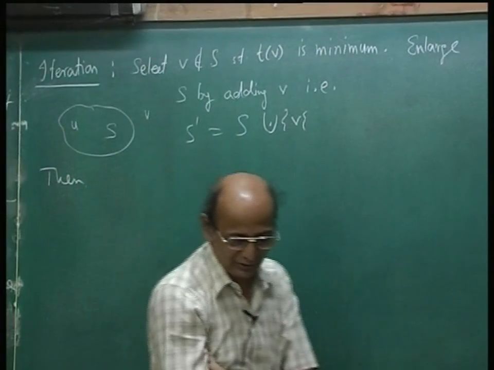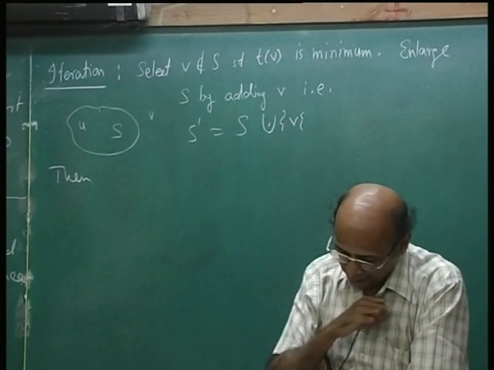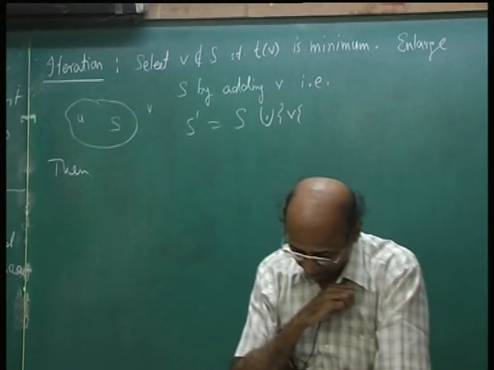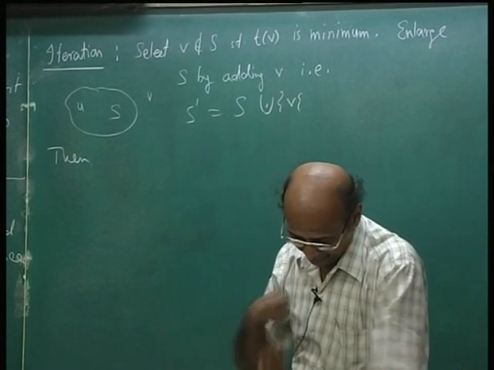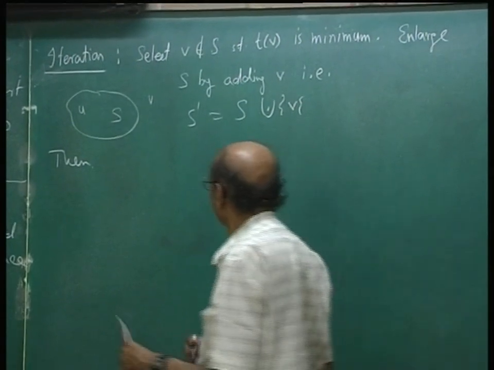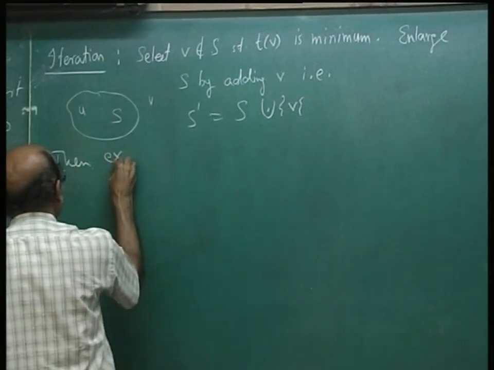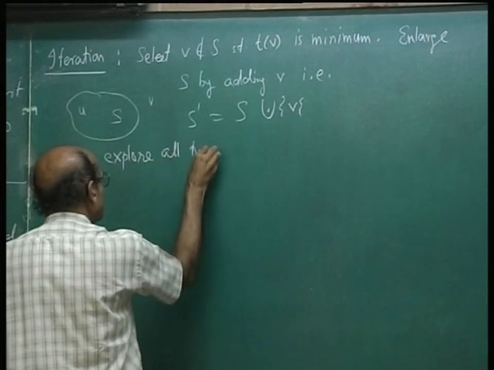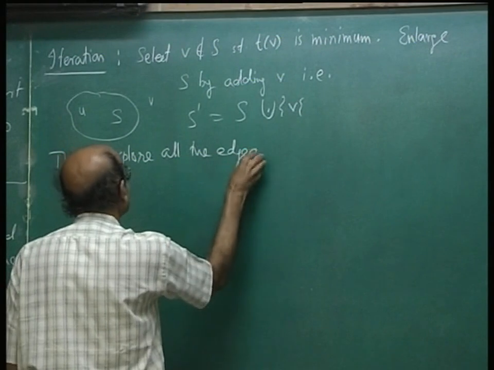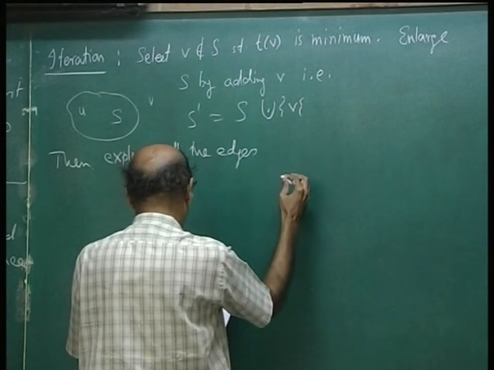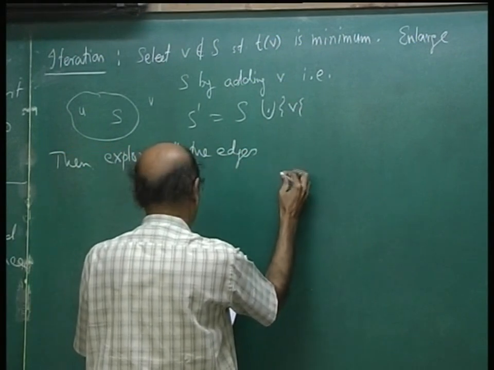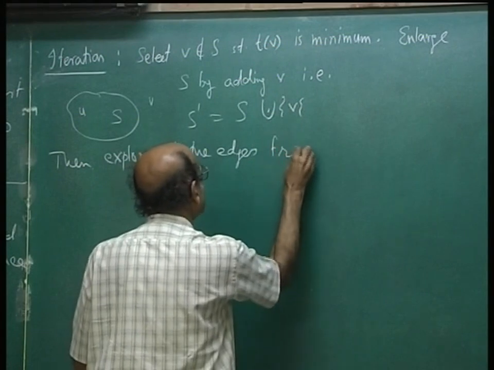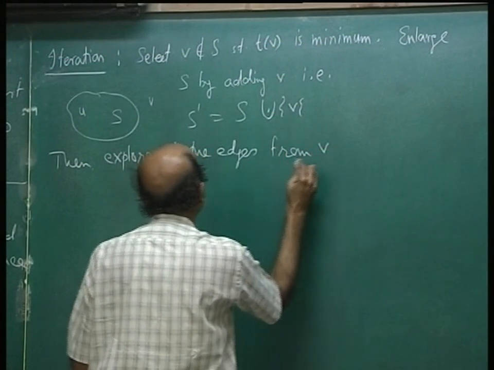Okay. Then, look at all those. Now you revise. So there is a revision that has to take place. Explore all the edges of the form from V to z.